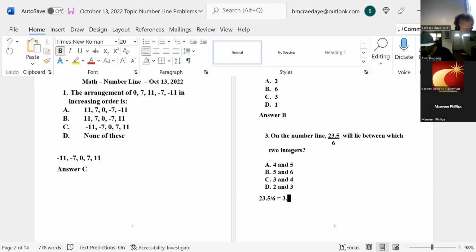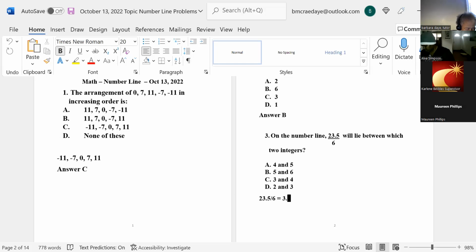Somebody give me an answer. I have an answer here. I want to see if you got the same. 3 point what? 3.91.